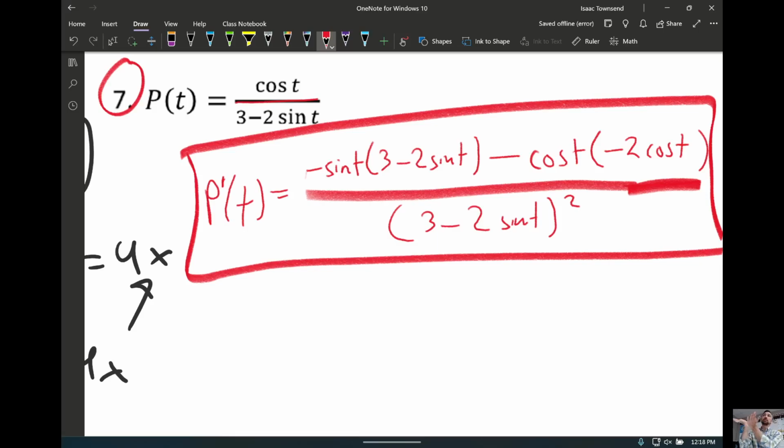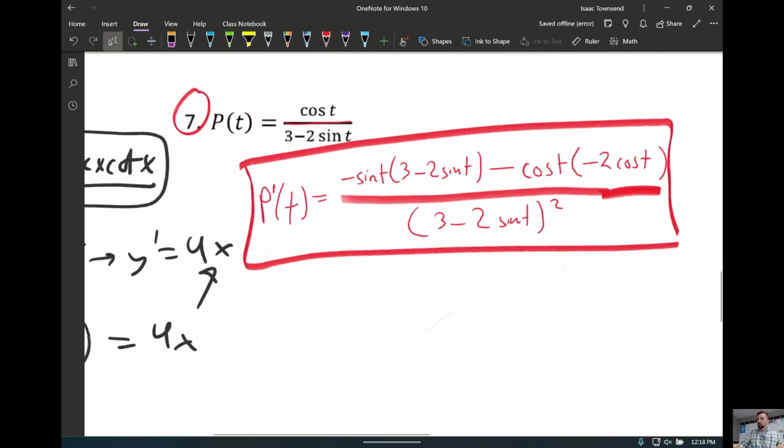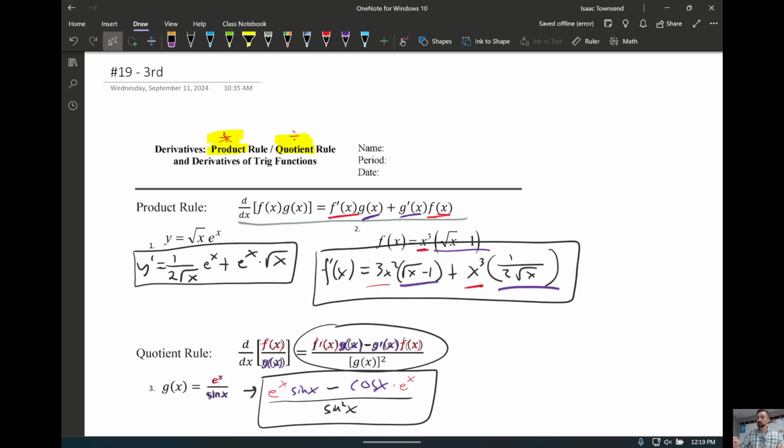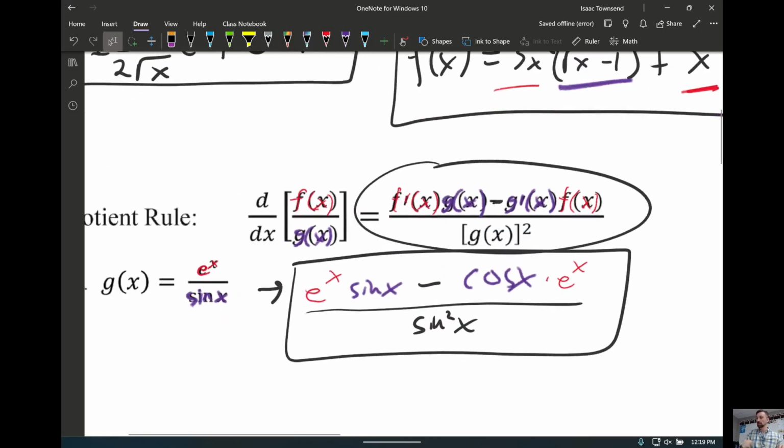So other than memorizing the formula, it's not that it's harder, it's still memorizing the derivative of sine, memorizing the derivative of cosine, sometimes power rule, but it looks pretty intimidating, but we just have to follow that pattern. What's the bottom squared? That's just how the formula works. If you look right here. All over, if you call the denominator g of x, it's all over g of x squared.